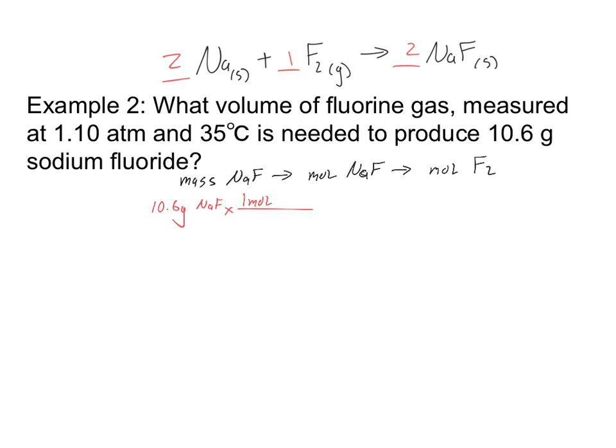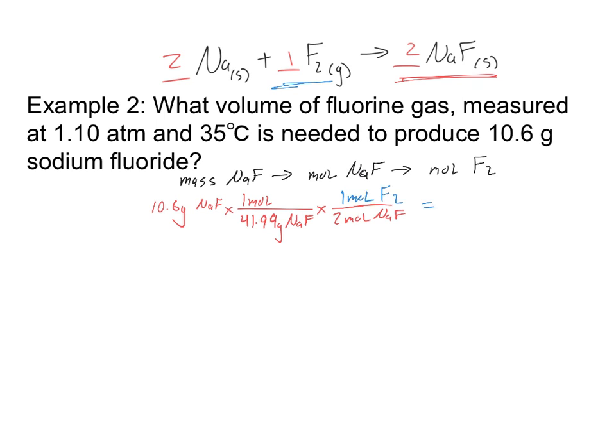I get something like 41.99 grams of sodium fluoride. And then I'm going to consult the mole ratio between sodium fluoride and fluorine gas, which is still 1:2. So I'm going to put my 2 moles of NaF on the bottom and my 1 mole of F2 on the top.